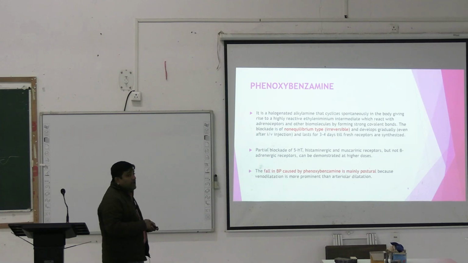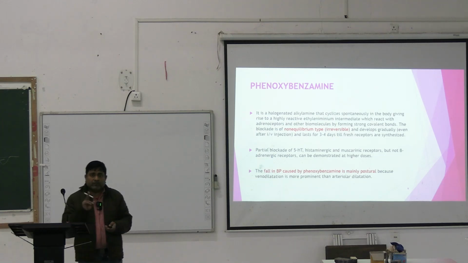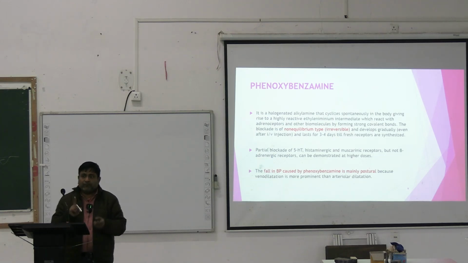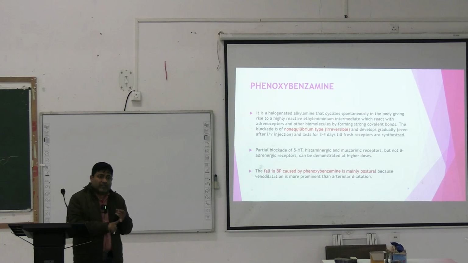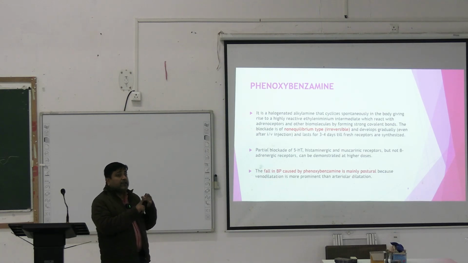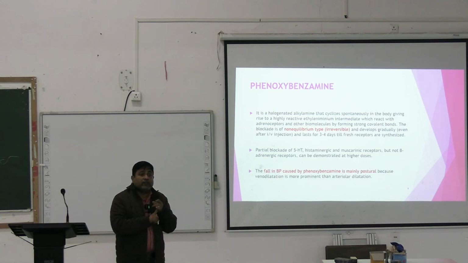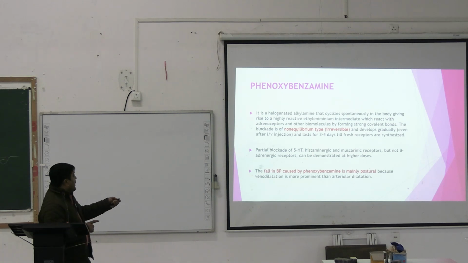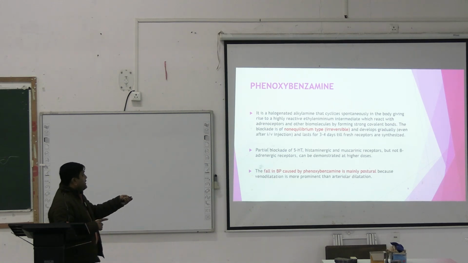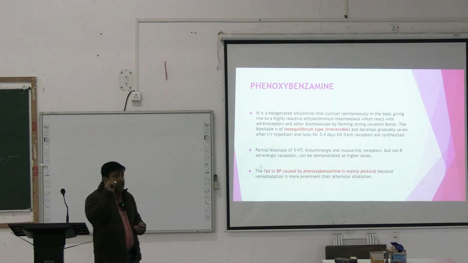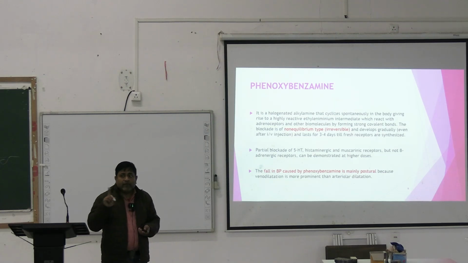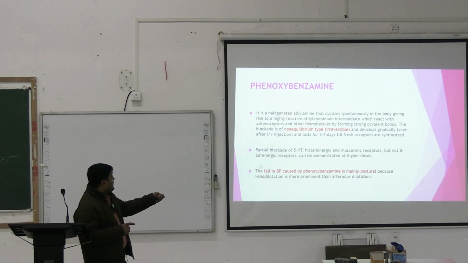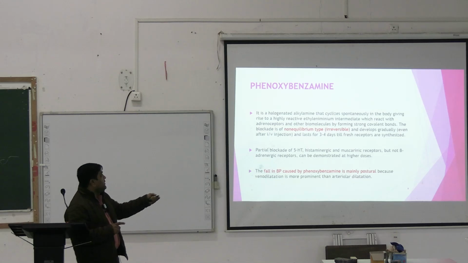Now coming to the individual alpha blockers, Phenoxybenzamine. As said earlier, Phenoxybenzamine is a non-selective alpha blocker. It's a non-equilibrium type of alpha blocker. In the body it cyclizes spontaneously and forms an intermediate called ethylene iminium intermediate.